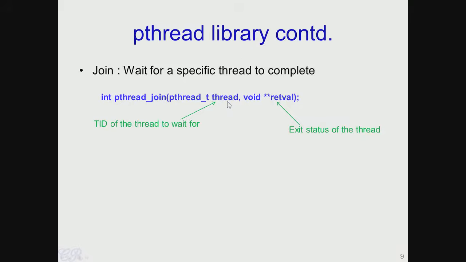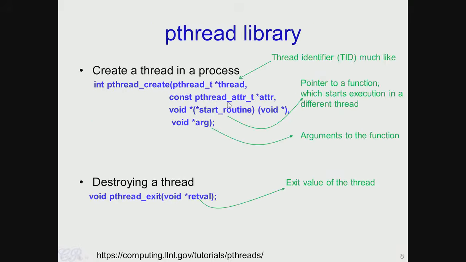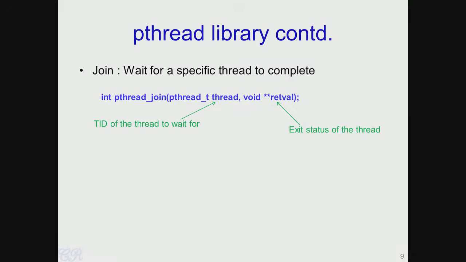Given these 3 functions pthread_create, pthread_exit and pthread_join, let us see how we could use these Pthreads in order to parallelize our program of finding the sum of the first 10 million positive integers.